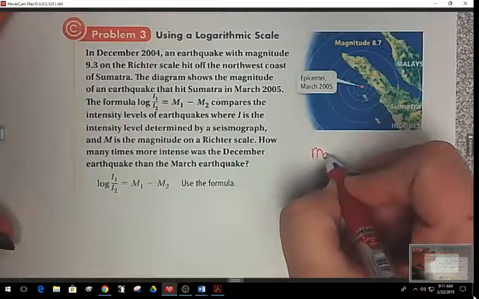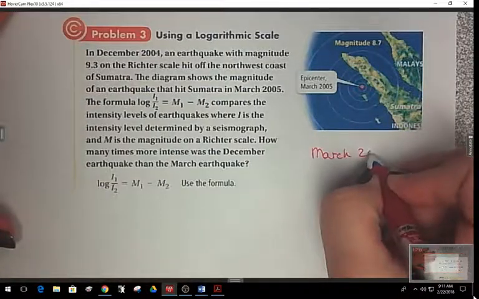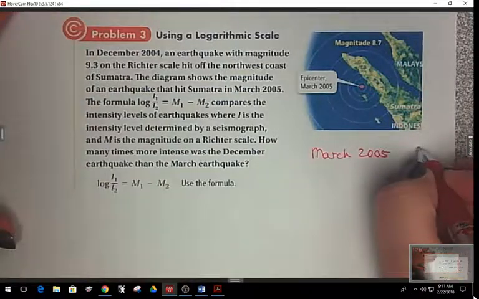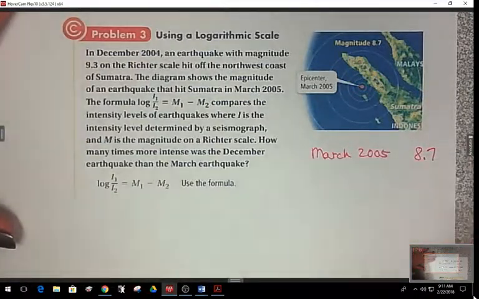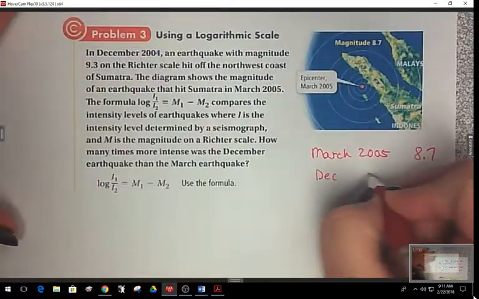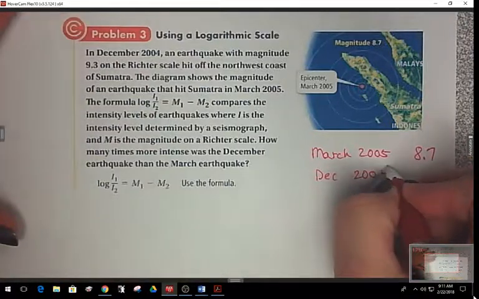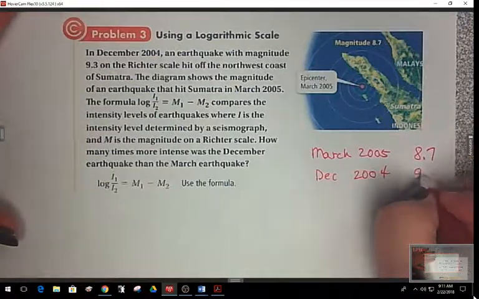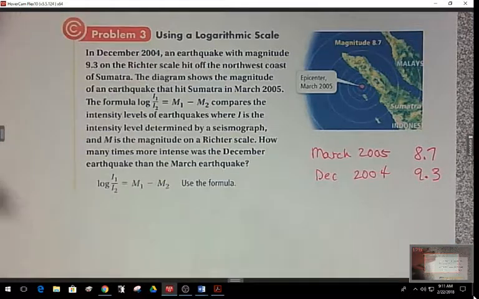So March 2005 from the diagram was an 8.7 on the Richter scale. And then in the very first sentence, they told me about December 2004. The one that hit was a 9.3. Okay, so now let's keep reading.